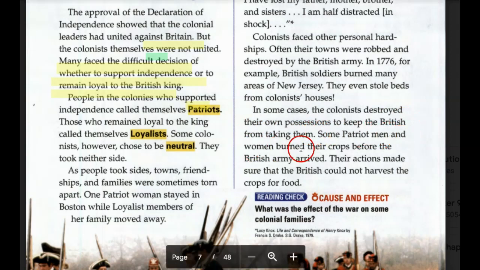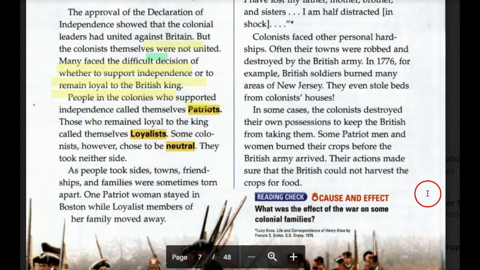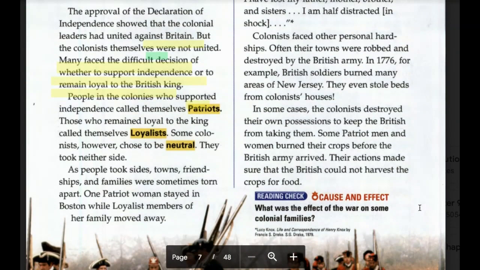Some patriot men and women burned their crops before the British Army arrived. Their actions made sure that the British could not harvest the crops for food. Reading check. What was the effect of the war on some colonial families?